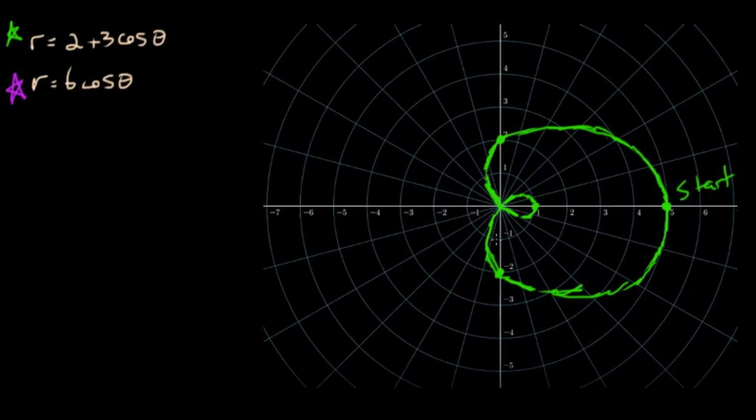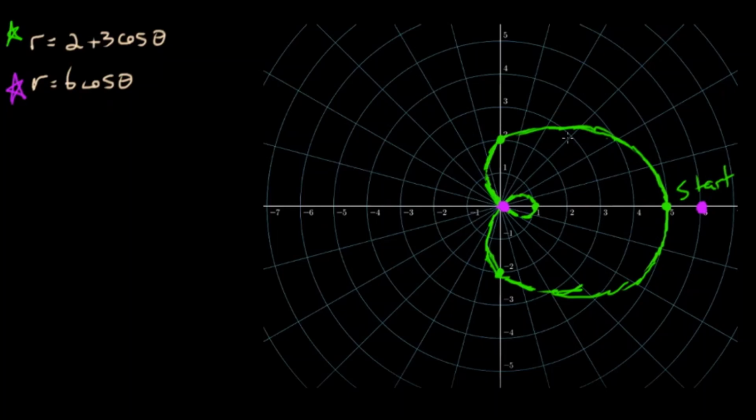So 6 cosine theta, that's going to be a circle that starts here, and it's going to end up there. What is that going to be? What happens when I'm at pi over 4? Cosine of pi over 4 is root 2 over 2, so this is going to be 3 root 2, which is 4.2-ish.